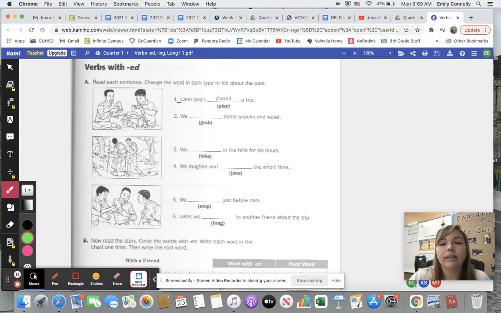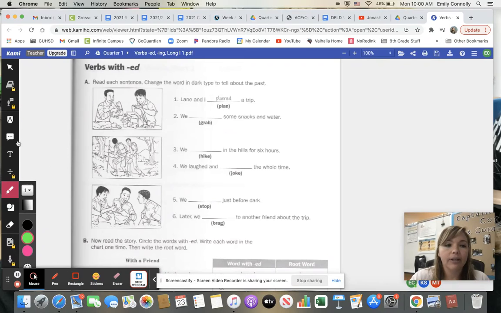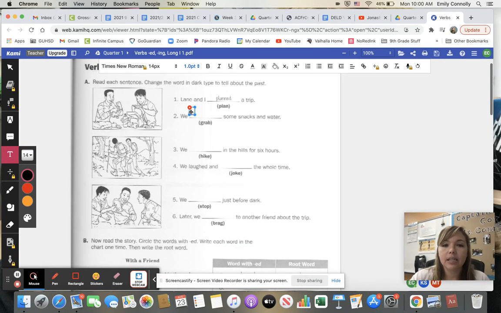So number 1, Lane and I plan, in the past is planned, a trip. Number 2, we grab in the past some snacks and water. So we need to put grab in the past.